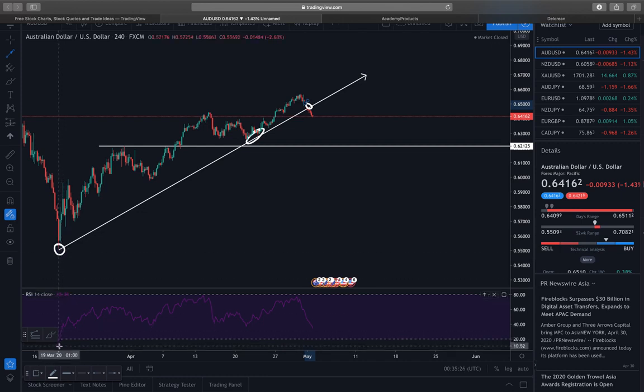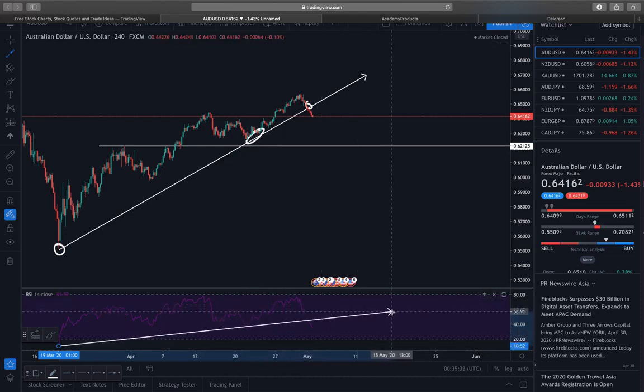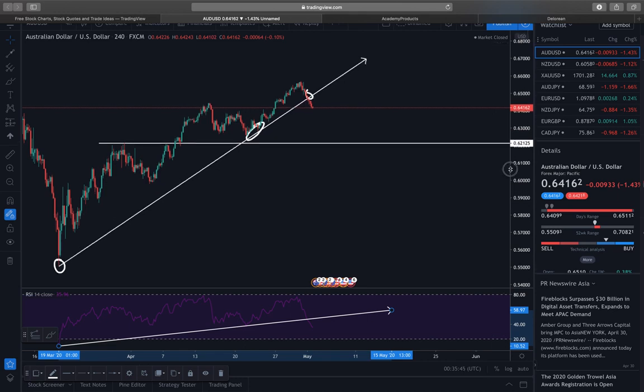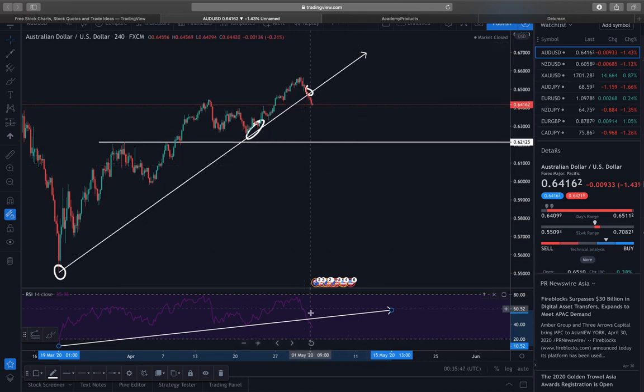Now what I want to do is bring up that same point here, and then go over to these points here, just like so. And I want you to take a look again.